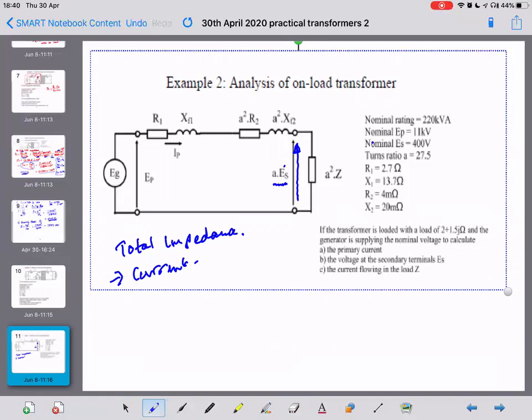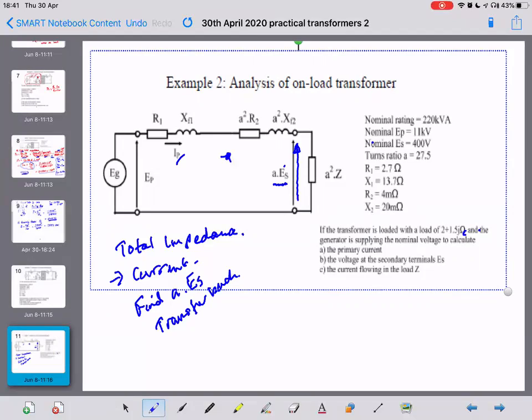Okay, so you're going to find ES, transfer back. And then the current flowing in the load, well, you've found IP in the first part. So you've got to convert that.